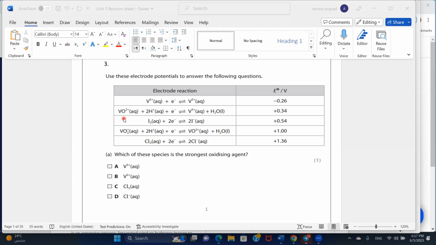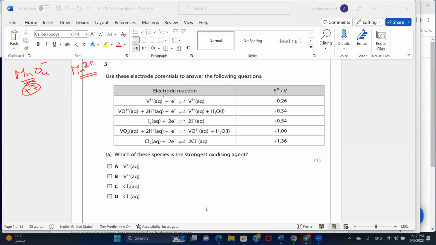Not only the vanadium, any ion that has a high positive charge usually comes in the form of oxygen. Like, for example, manganese. When we say MnO4 minus, you see that manganese here has a positive 7. That's why it is bonded to an oxygen. Whereas if we look at Mn2+, it's without an oxygen because the charge is only plus 2.